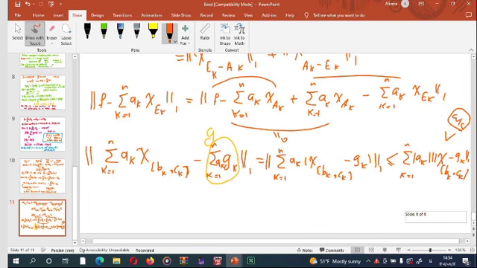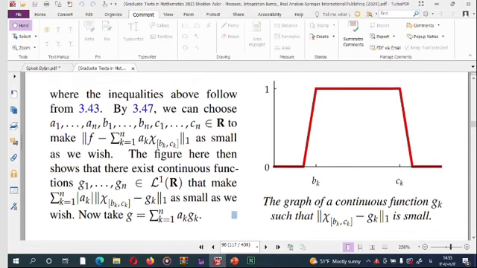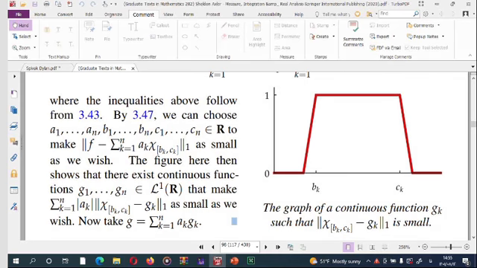Please note that in this figure the integral of this function, because this difference equal to 0 on this and this, so that this function is only this plus this on these intervals, and the integral of this function and this function can be considered arbitrarily small, and we see that this summation can be considered arbitrarily small.